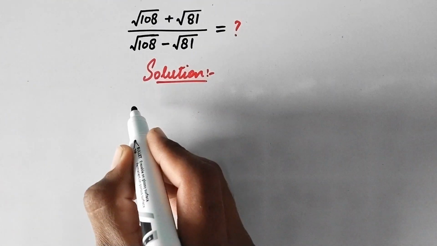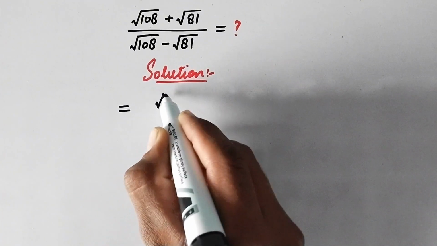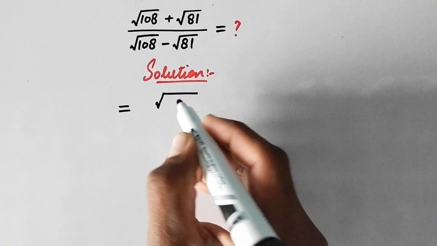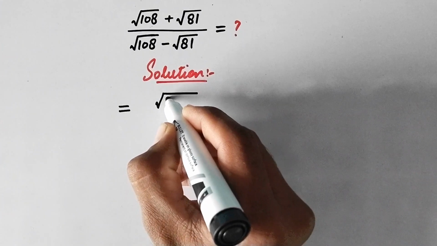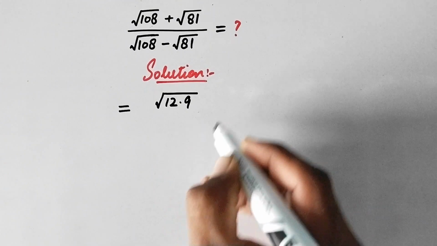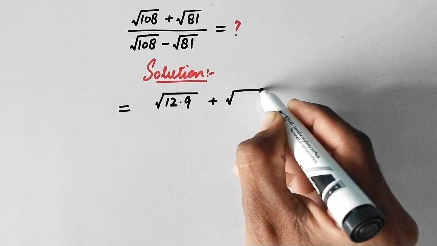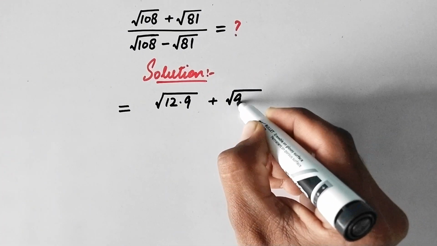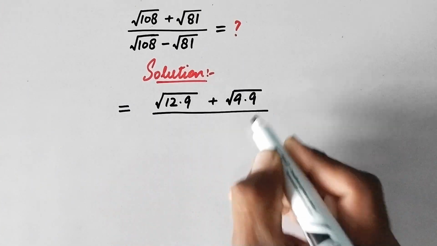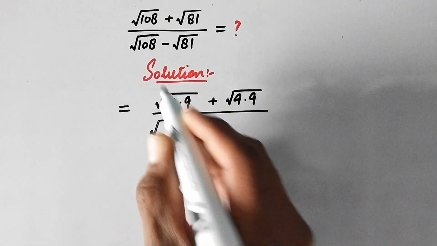So here in the first step, we will write it equal to square root of 108, which is the same as 12 times 9, plus square root of 81, which is the same as 9 times 9, divided by square root of 108.